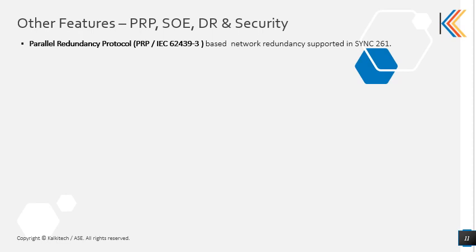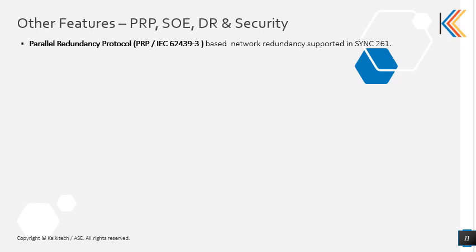So parallel redundancy protocol as per 62439-3, and this is specified in edition 2 of the 61850 standard for handling redundancy. So this is available on 261 with the 2 Ethernet ports, and all the messages you can configure as PRP.